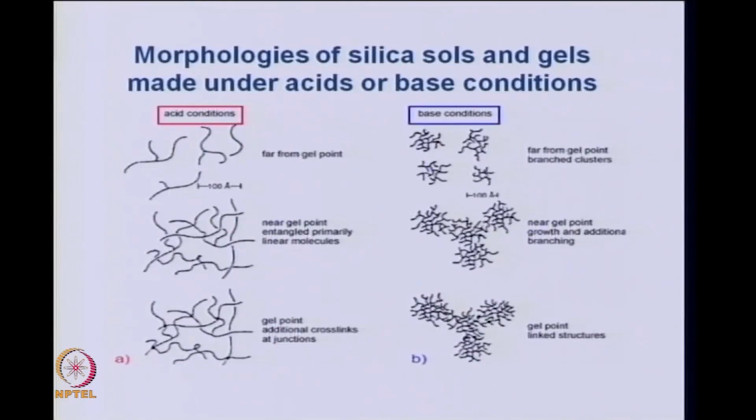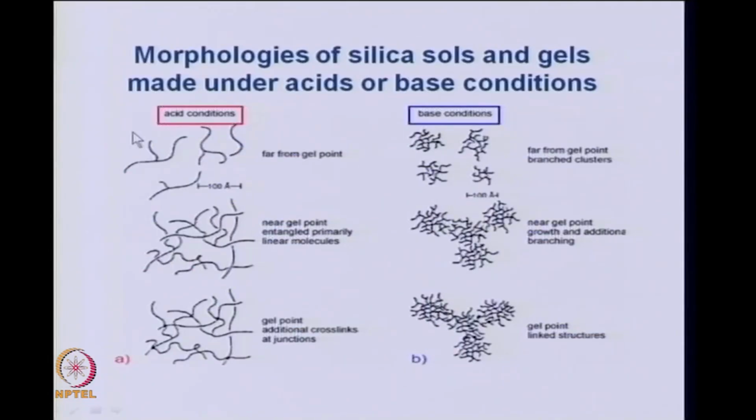So, the kind of morphology, meaning the shape of the particles or the polymers that you get under acid or basic conditions, is different depending on whether you are close to the gel point or far from the gel point, etc., and also whether you are using acidic conditions or basic conditions.